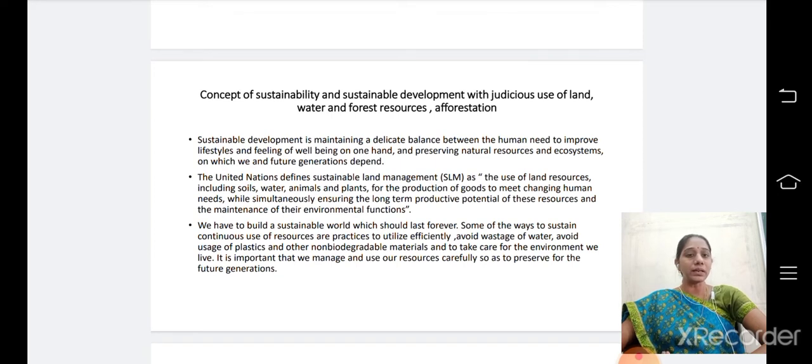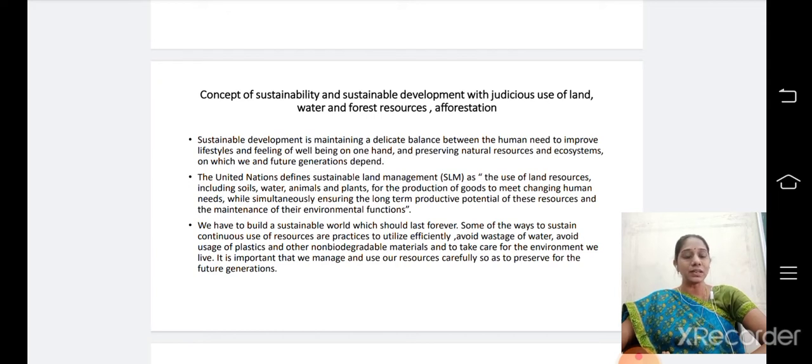Everything needs water, and animals, plants, all these are natural resources.